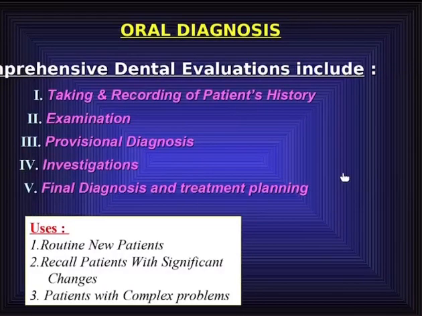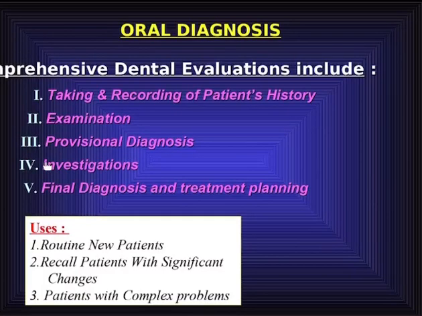Now you see, the comprehensive dental evaluation will have 5 steps. First is taking and recording patient history. Second one is examination, and this examination can be general, extraoral, or intraoral. Once you finish the examination, the next step is provisional diagnosis.